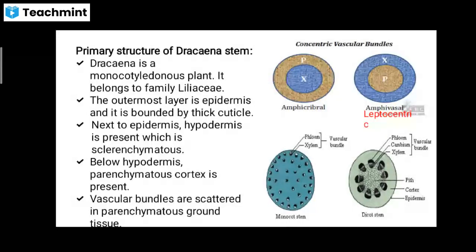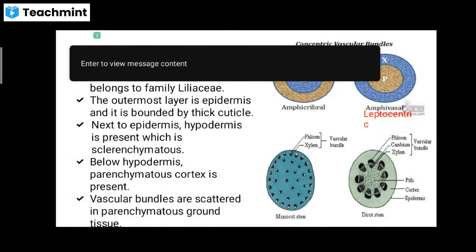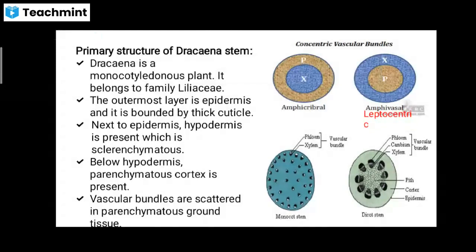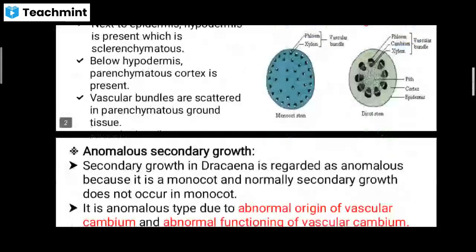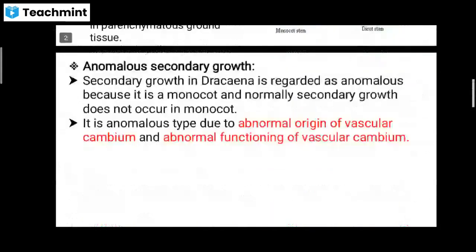Amphivasal is also called leptocentric, and amphicribal is also called hadrocentric. Mostly the amphicribal or amphivasal type of vascular bundles are present in Dracaena plants. So this is about the primary growth.